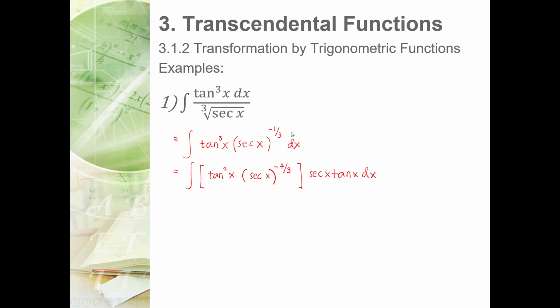So did you guess? Let's try to write it. There it's 3 minus 1, it's 2. There it's negative 1/3 minus 1. That would be negative 4/3.